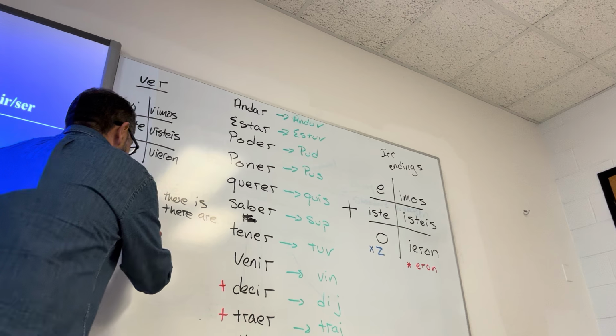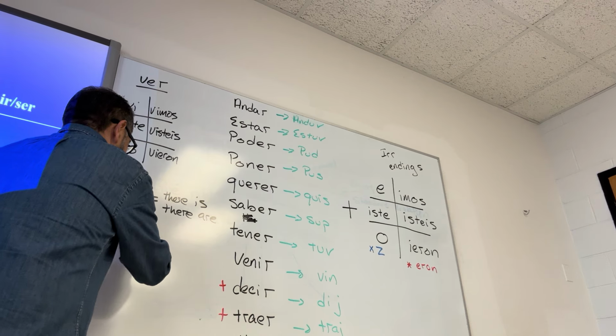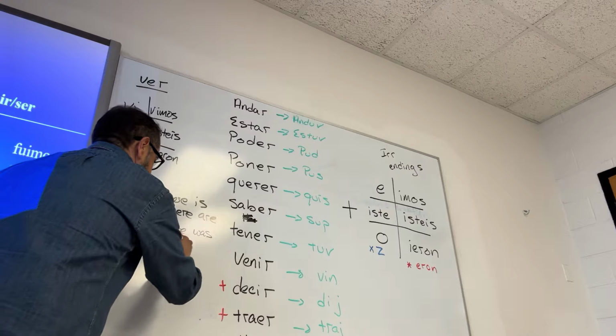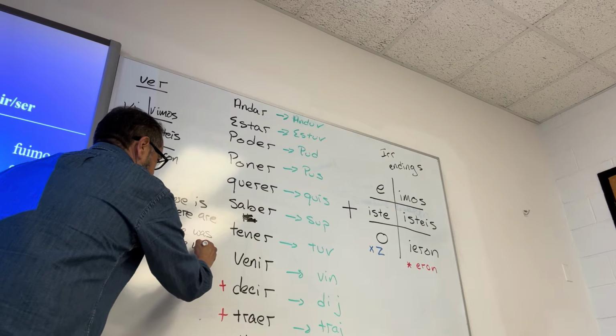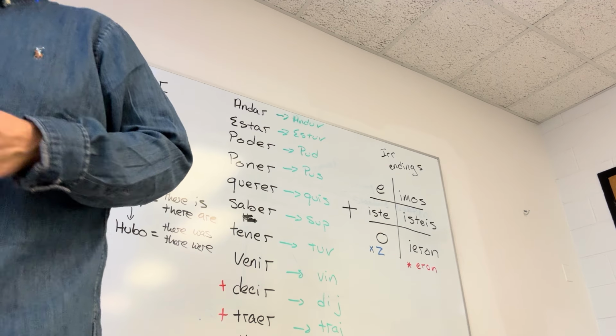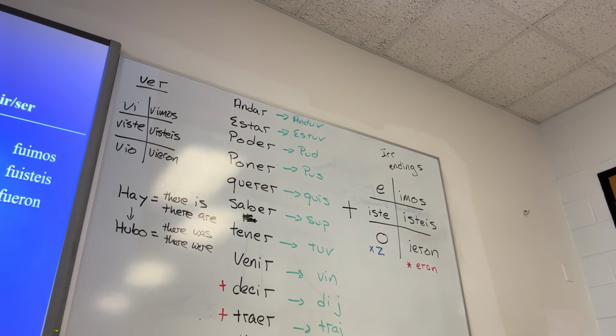The past tense is hubo, H-U-B-O. There was or there were. Okay. So I could tell someone, hubo 1, 2, 3, 4, 5, 6, 7 estudiantes en la clase. There were 7 students in class. Hubo 7 estudiantes. Okay?